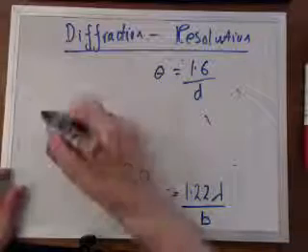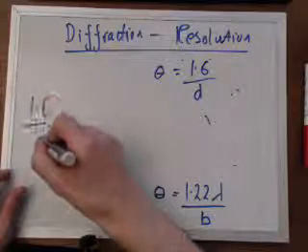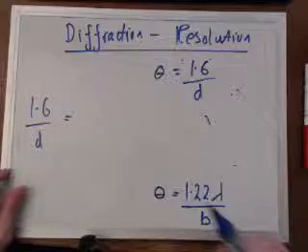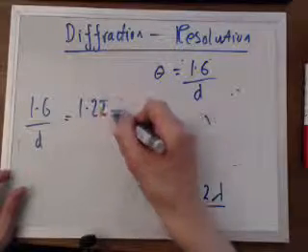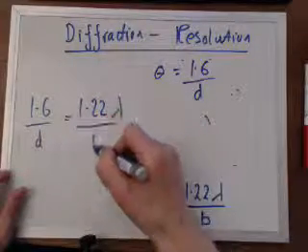So, here we go. Therefore, 1.6 over D is equal to 1.22 lambda divided by b.